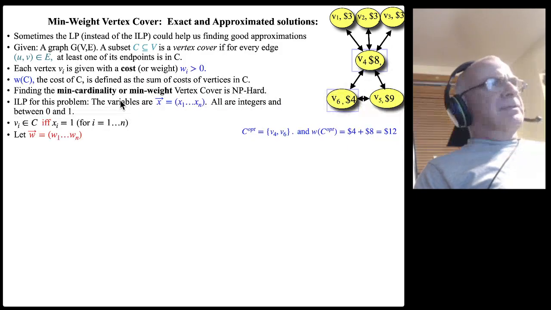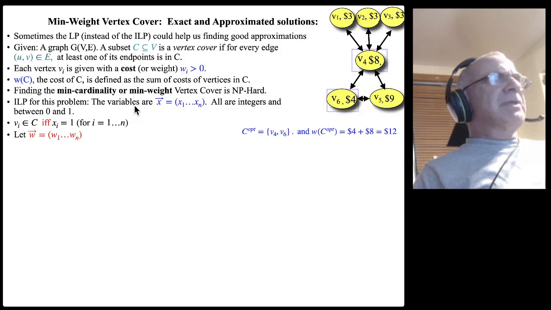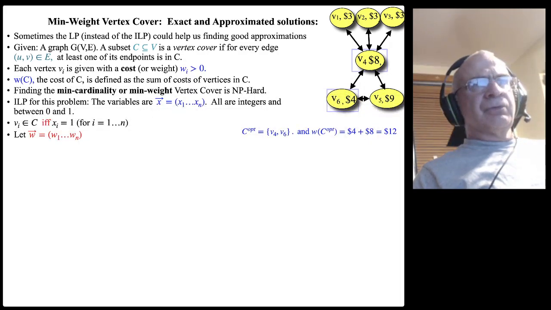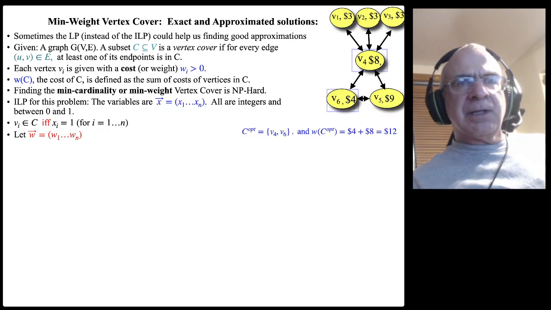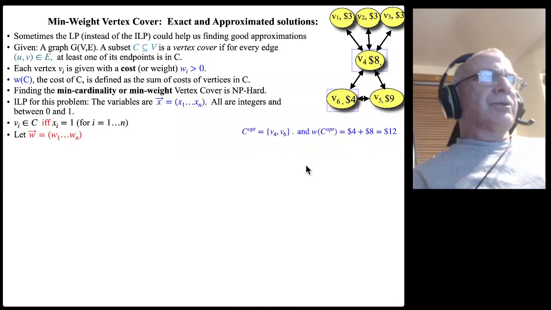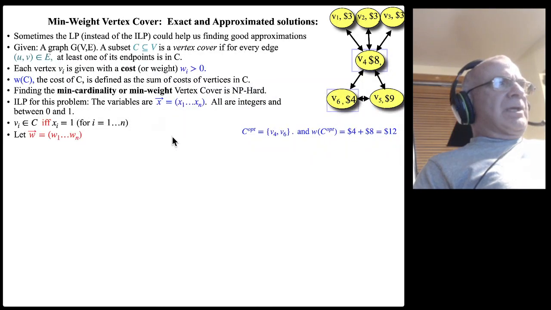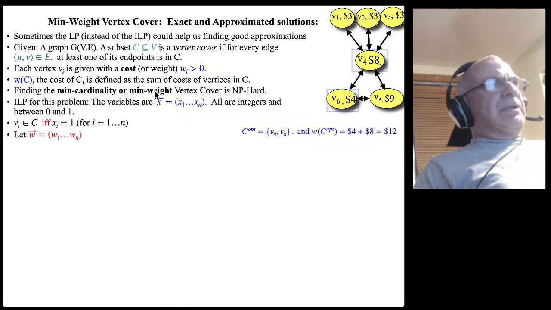Okay, let's write the ILP for this problem. It's also a good opportunity to practice a bit how to use vector notation. The variables that I'm going to use will be one variable per each one of the vertices.